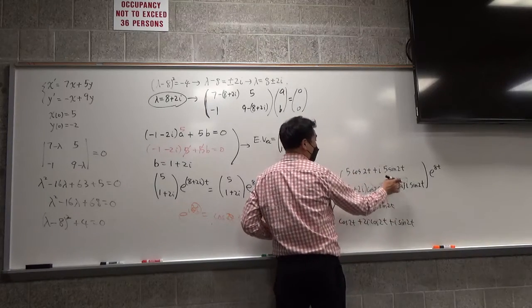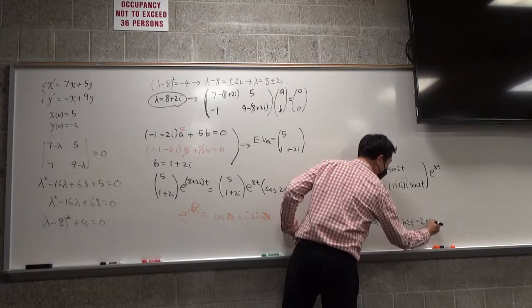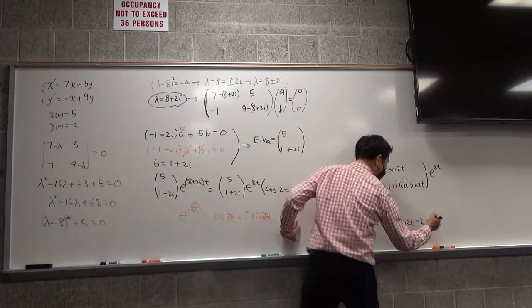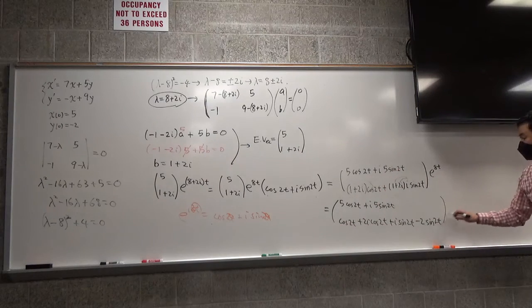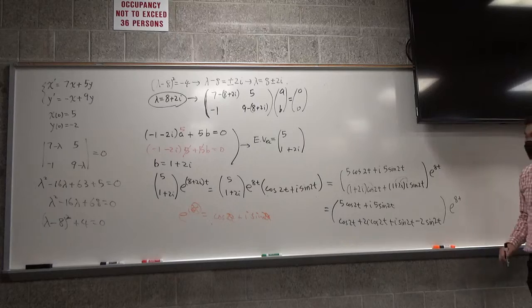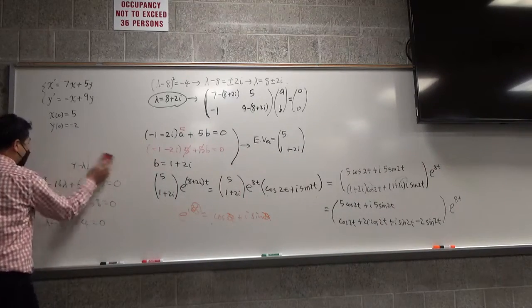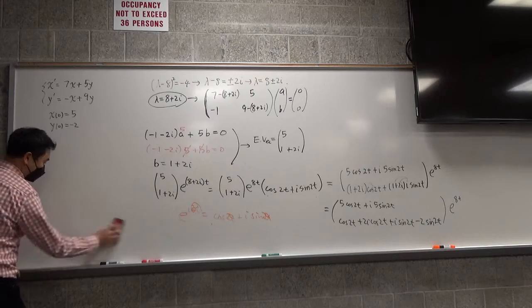And i times 2i is negative 2 times sine 2t. And that is all multiplied by e to the 8t. And now you can easily figure out what's the real part and what's the imaginary part. Right? So let's do that.